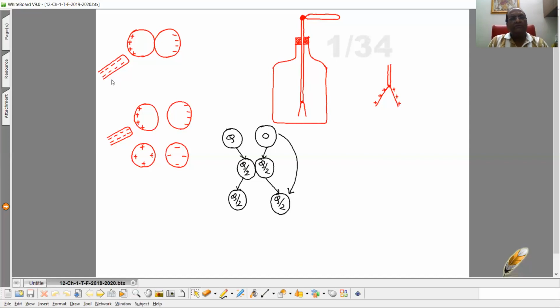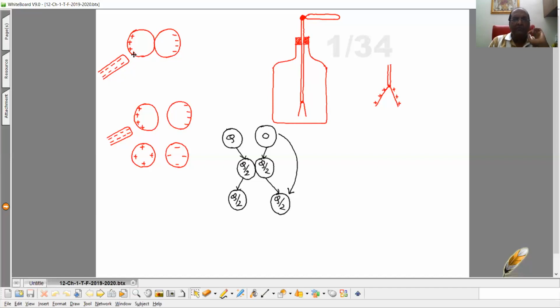Now suppose a plastic rod rubbed with fur. So when plastic rod is rubbed with fur, then experimentally we can observe this thing, it becomes negatively charged. Is placed close to the sphere, one of the sphere.